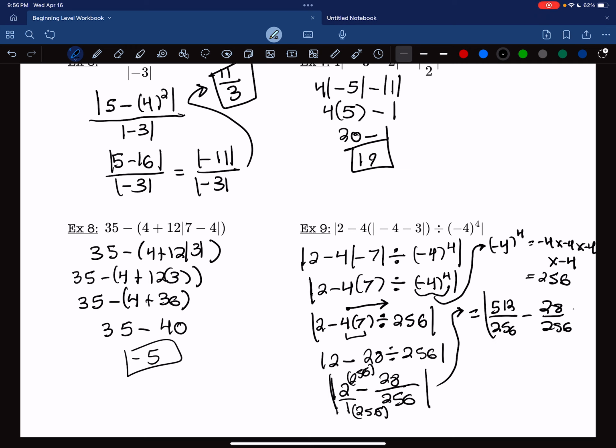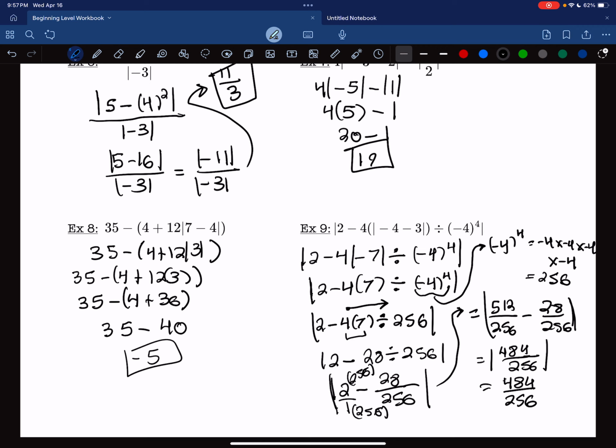Then we can't forget our absolute value bars. And then from here, since we have our common denominators, we'll just subtract 512 minus 28, which equals the absolute value of 484 over 256. Now, the absolute value of 484 over 256 is the same, it's 484 over 256.